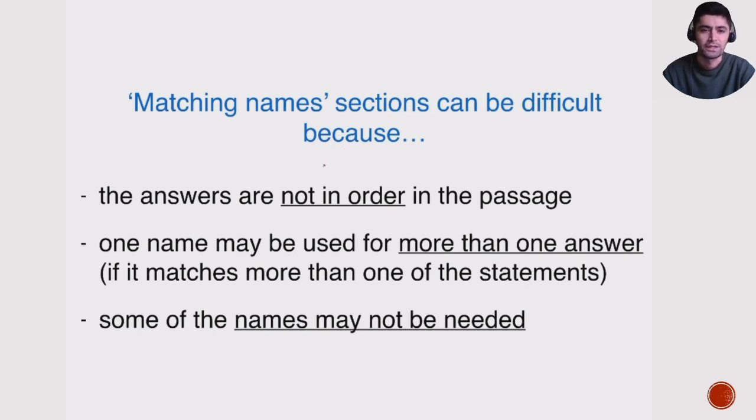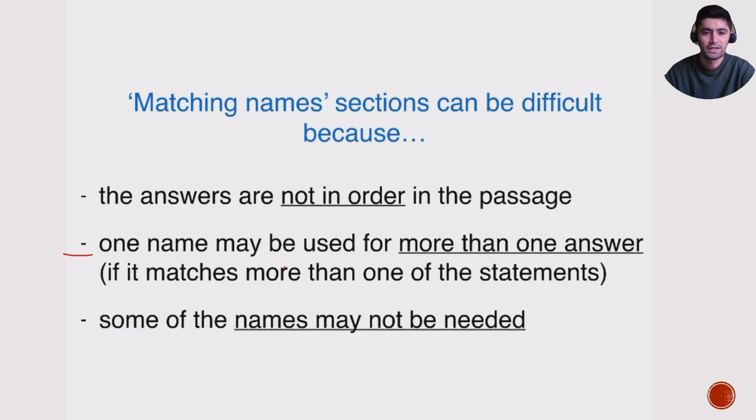Next up, the matching names section can be difficult because the answers are not in order in the passage. So the answer could be all over the text, and you always have to go back and forth to find the answer.